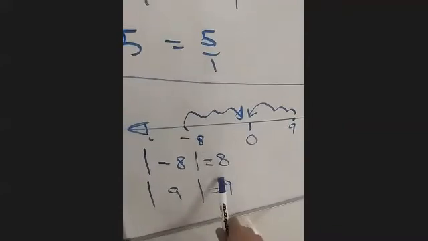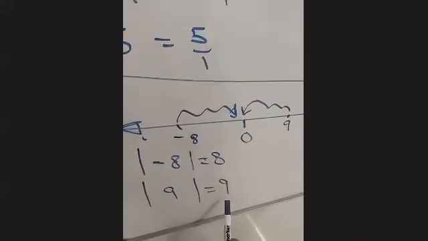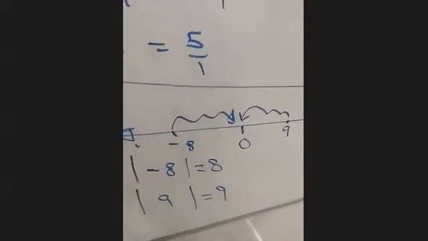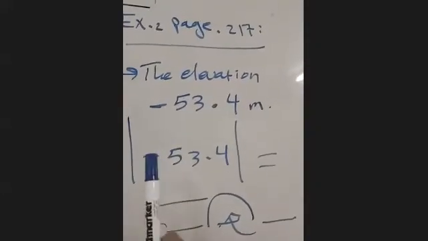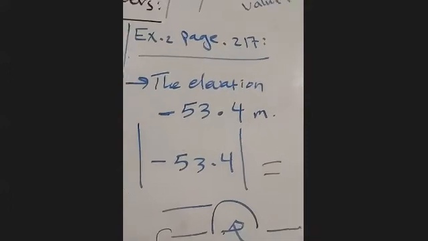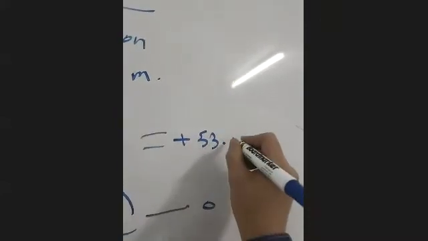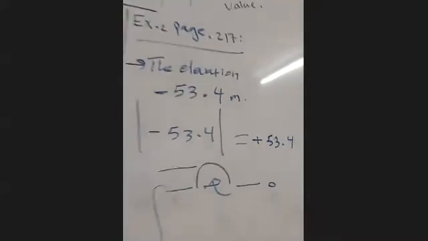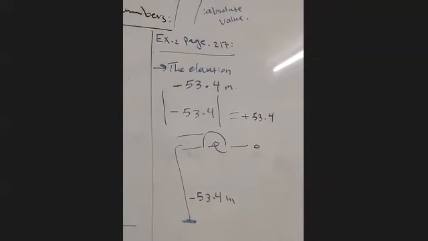It is positive 8. The absolute value of positive 9 is positive 9. What's the absolute value of negative 53.4? Positive 53.4. Yes. Is it difficult?